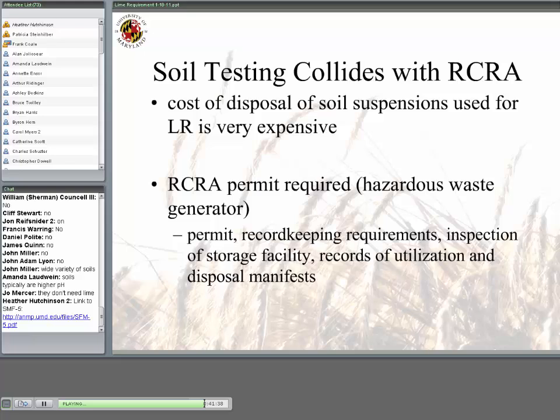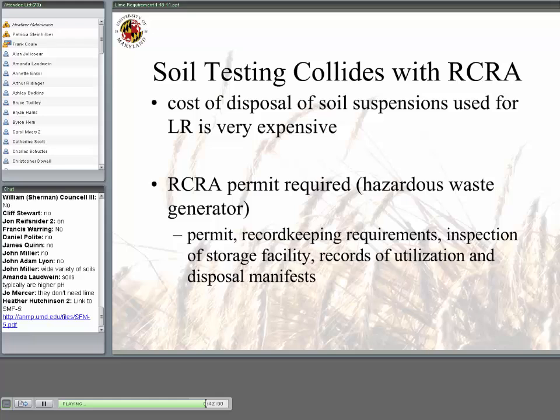And in addition to that, you just can't throw out a RCRA waste in the dumpster. Hazardous waste has to be disposed of in a special type of landfill called a hazardous waste landfill. And disposal of any material in a hazardous waste landfill is hugely expensive compared to ordinary disposal.